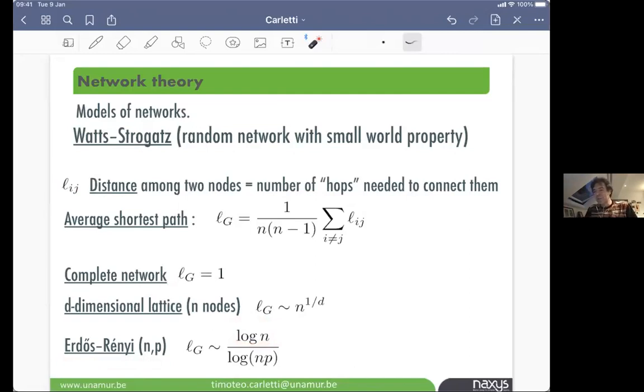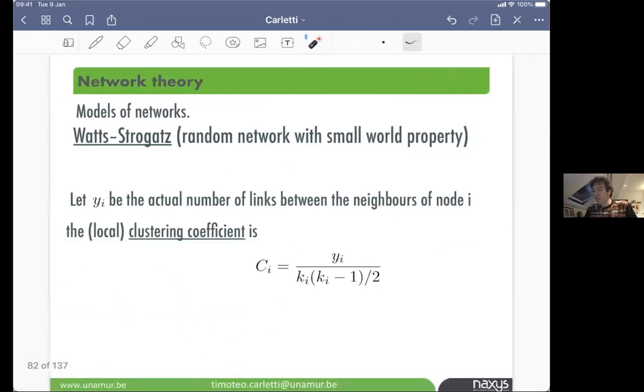They also introduced the idea of the clustering coefficient, which is also related to friendship. Normally, if I have 2 friends, the probability that the two are friends with each other is quite high. So if I'm a node and I take 2 nodes connected to me, the probability that they also have a connection among them is large.